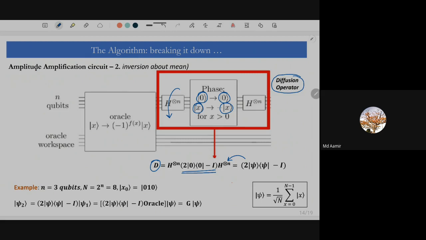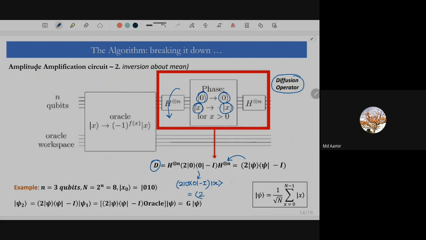And why are we doing that? Let's see why we have this kind of thing. Let's say something acts on this middle unitary, 2|0><0| minus I. It acts on some state, and that state can be anything: 0, 1, 2, 3, 4.